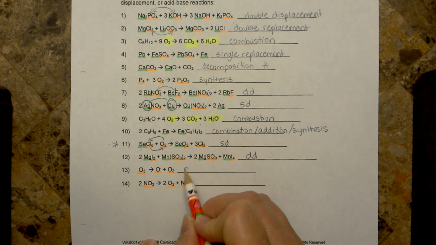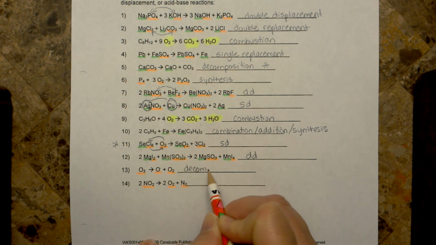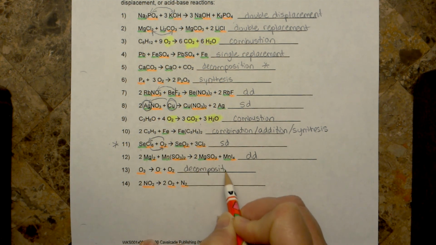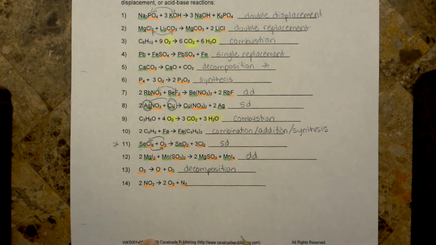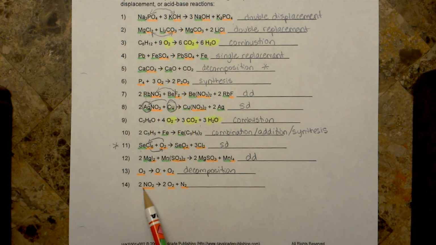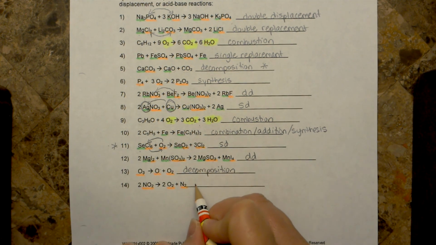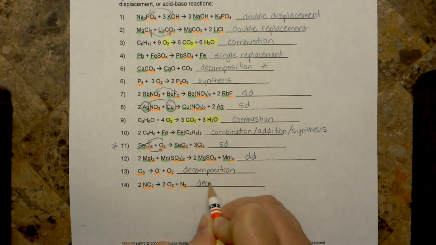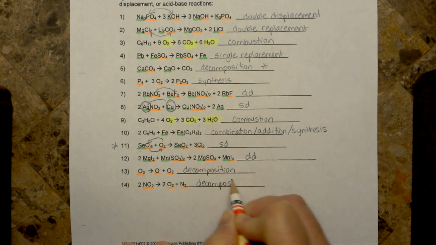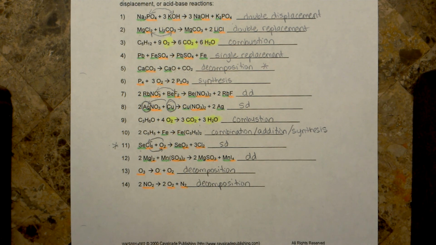And so this is going to be decomposition because it's breaking down into simpler elements or compounds. And then in this last one, you have nitrogen dioxide, and it breaks down into oxygen and nitrogen elements. And so this again will also be decomposition because it's breaking down into smaller parts.